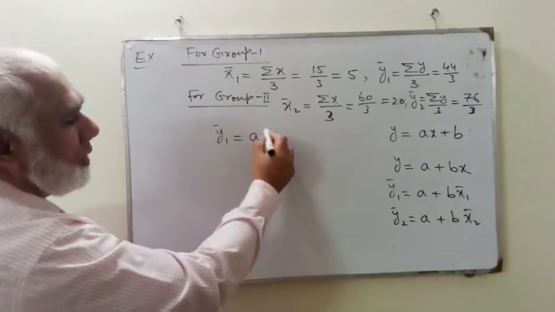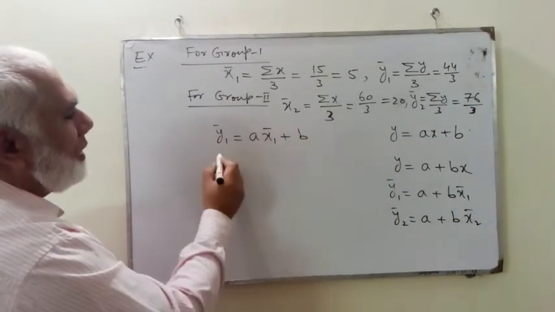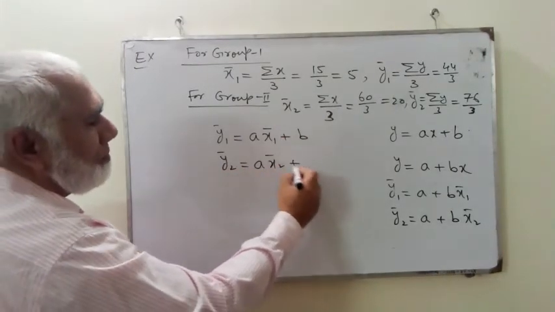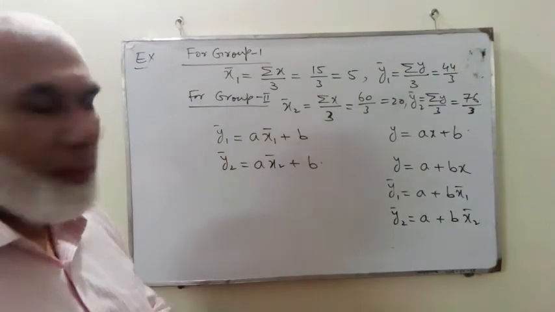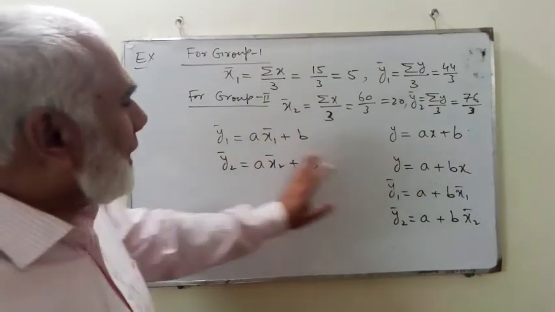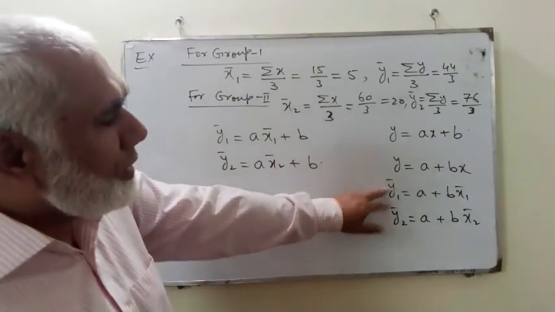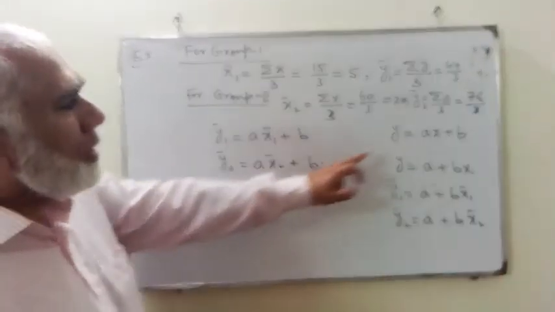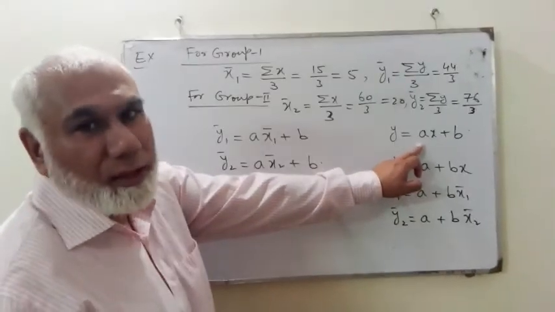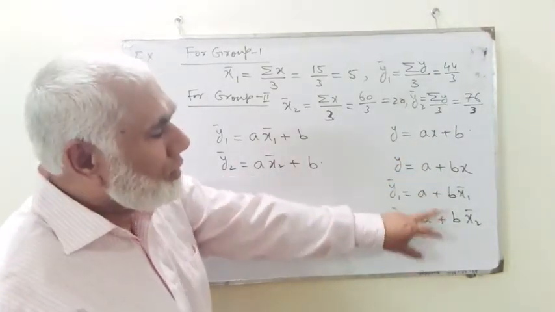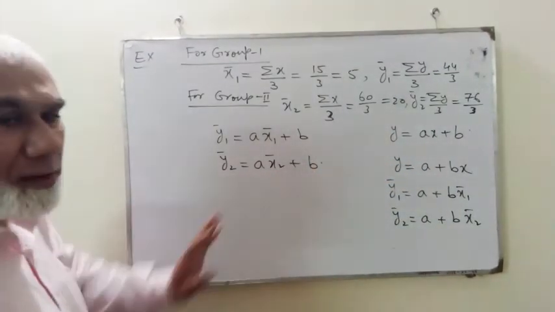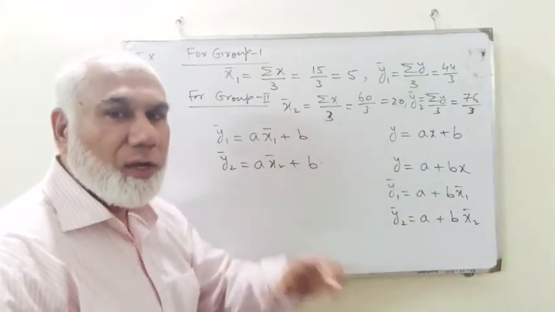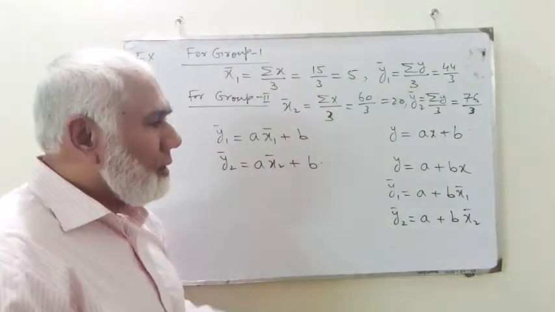Similarly, y2 bar equals ax2 bar plus b. Now you can make the comparison of these two sets of equations. These two correspond to one equation of the straight line, and these two correspond to the other. So you can make the comparison and see the difference, so that you understand how we change the equations according to the information provided.